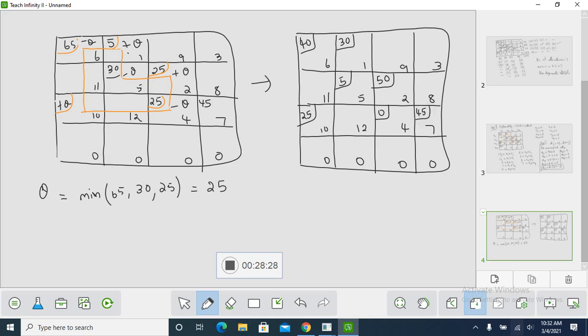Now look at the number of allocations. How many allocations are we having? We have to check the number of allocations that we have.